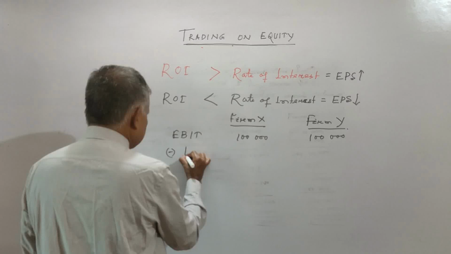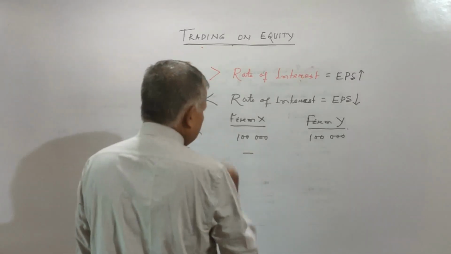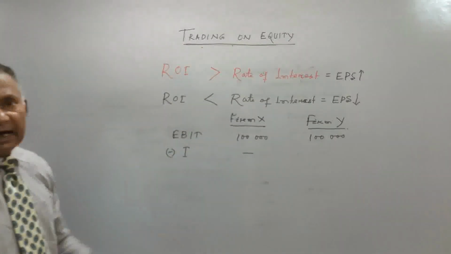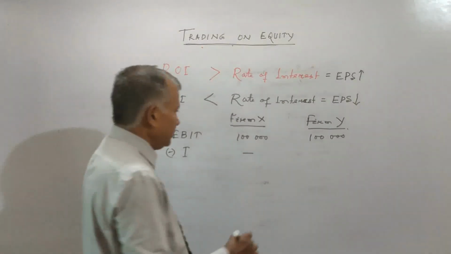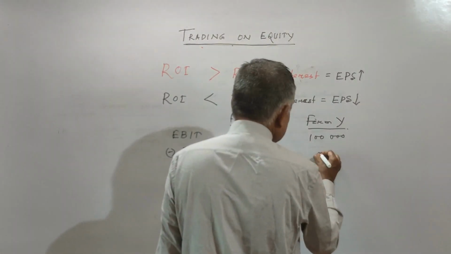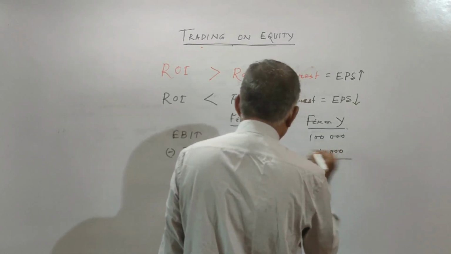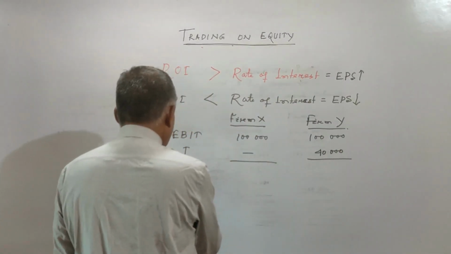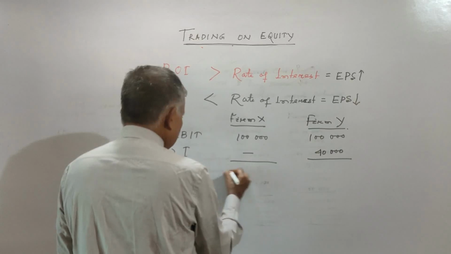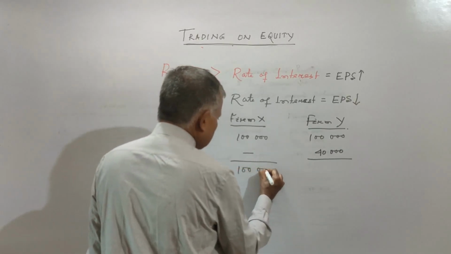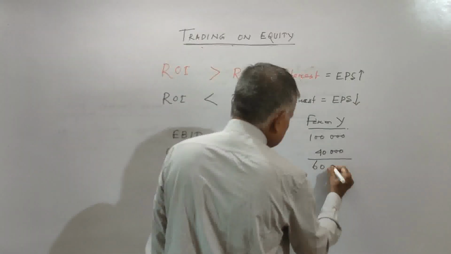Less interest: no interest because it is an unlevered firm. Here interest is say 40,000. So EBT here is 1 lakh, and here it is 60,000.